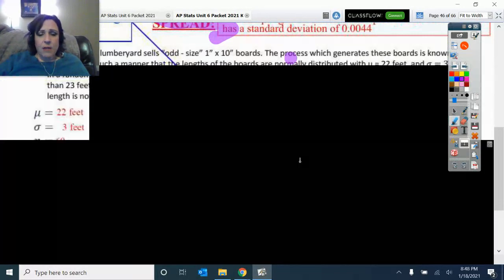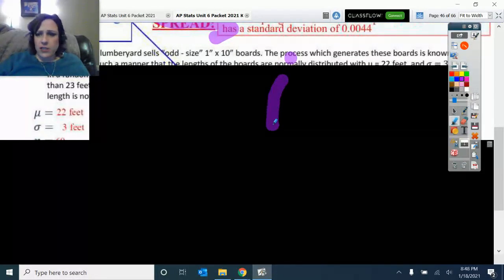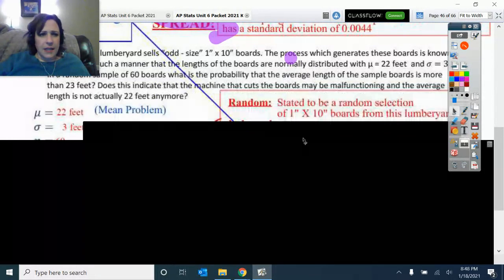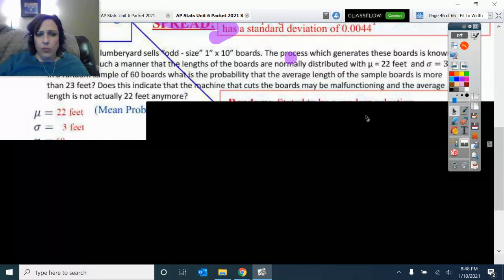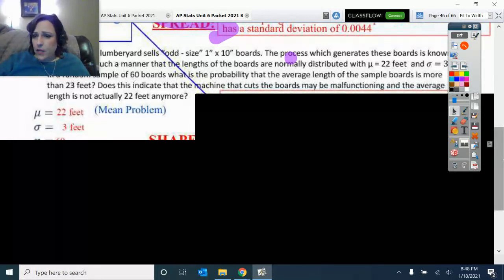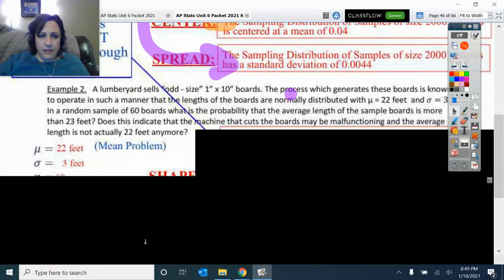Okay, this is a problem we've seen on an earlier assignment where we were talking about the size of the board that the machine was cutting. On average, what's the length?